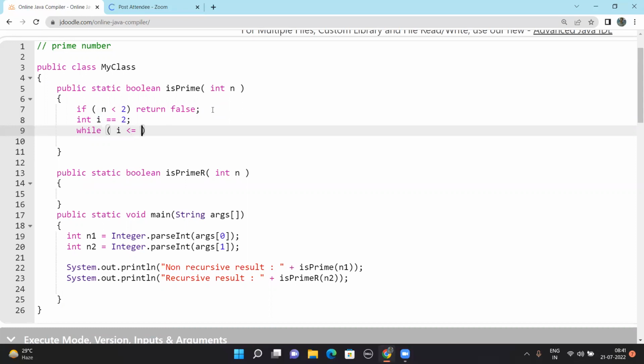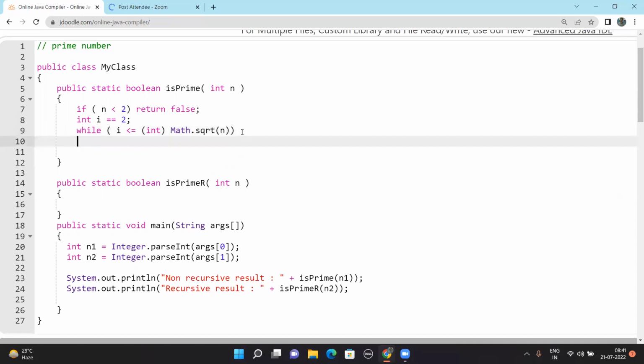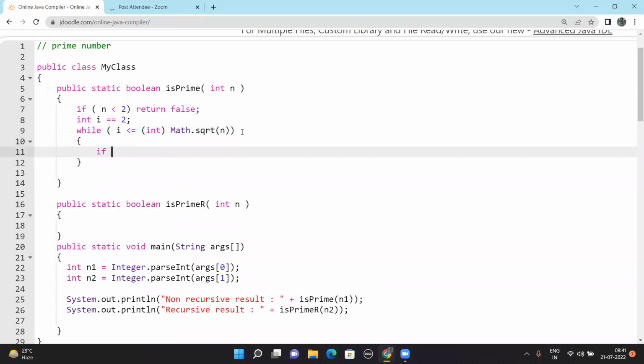but you can go for a more optimum condition, the square root of n. You need not go up to n by 2. Square root of n is enough. If our n is divisible by i, then you can return false.